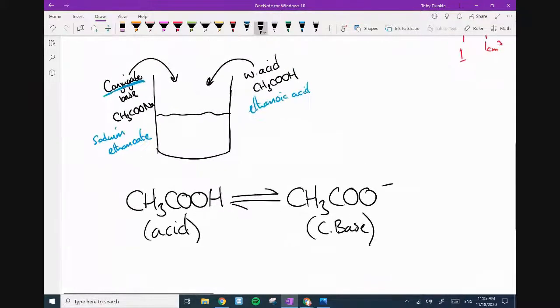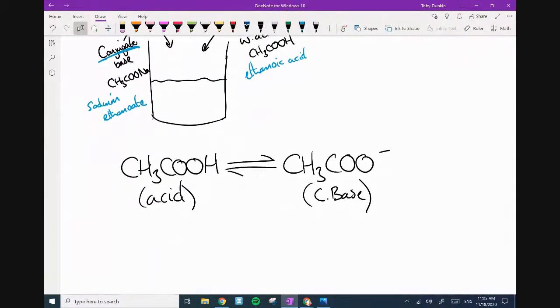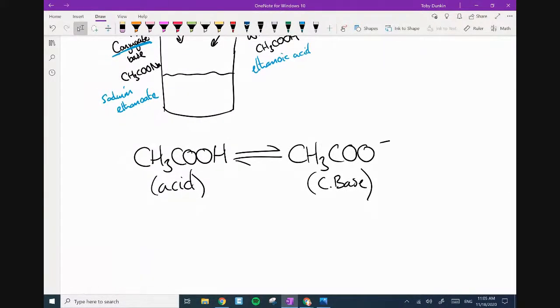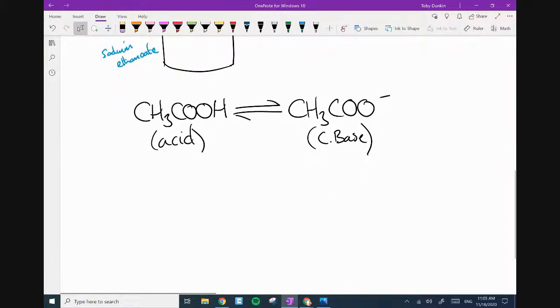Now, in order to have a buffer, I need to have reasonable quantities of both of these. So that's just an assumption. No, it's not an assumption. It's the wrong word. Nota bene.